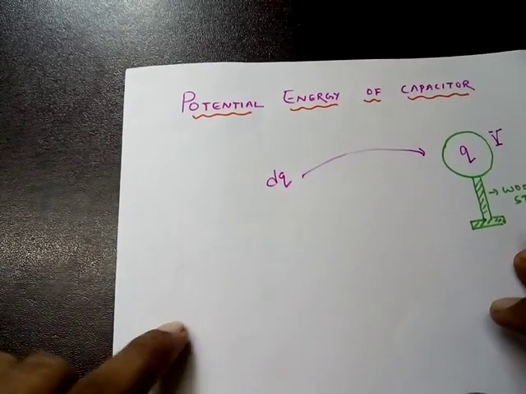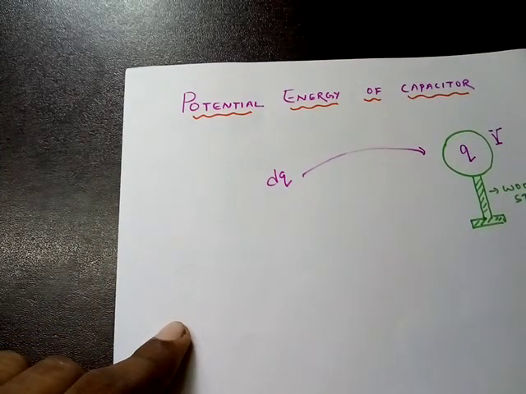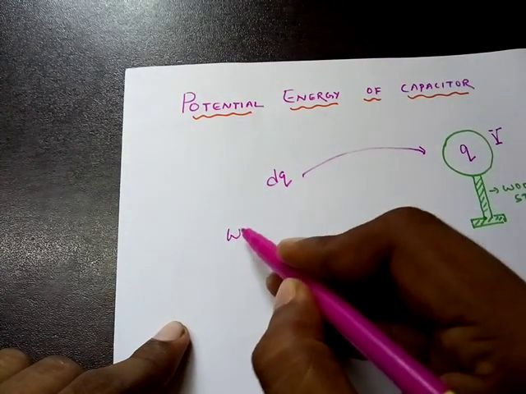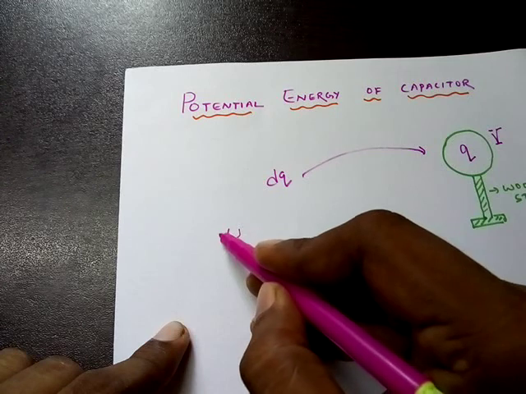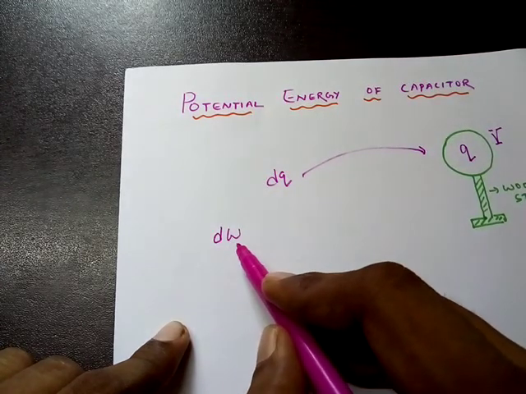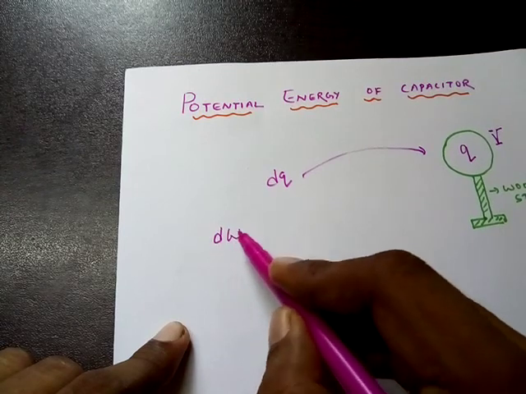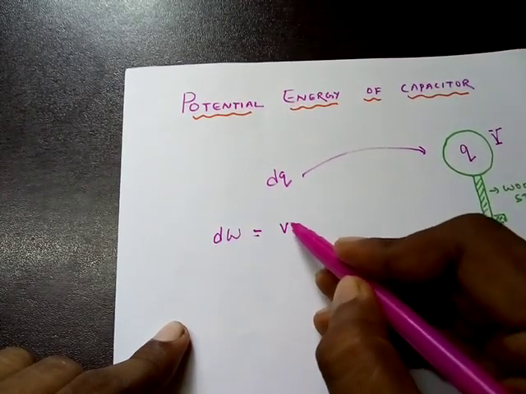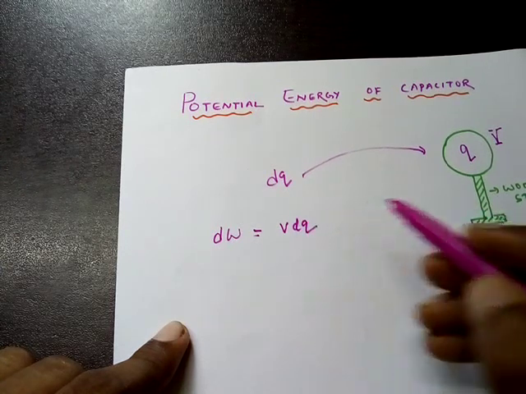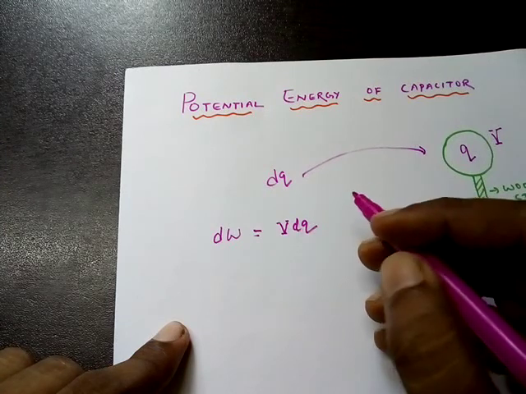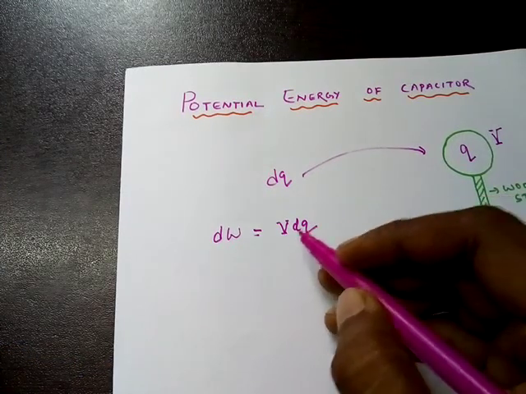In that case, if I am finding the amount of work done, as the charge is very small, the work done will also be very small. So I am putting dW over here. dW means the work done is very small, so this will be equal to v dq. v will remain constant practically. So what is actually v?